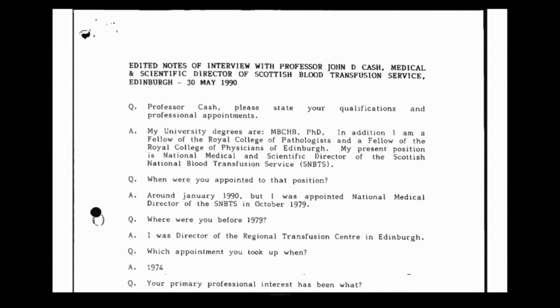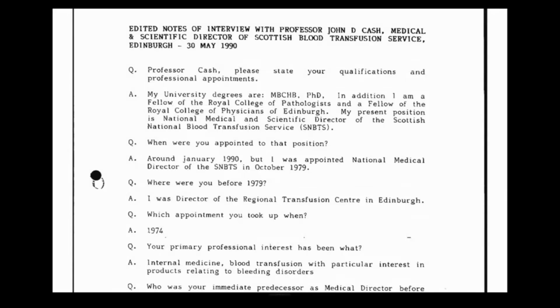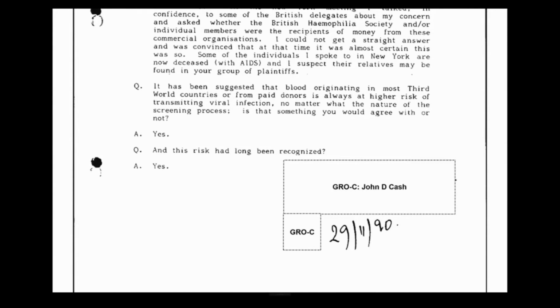If we go to the last page, the signature's been redacted, but it is the signature of Dr. Cash, so it would appear that he had approved this document and the contents of it. He signs it and dates it the 29th of November 1990.